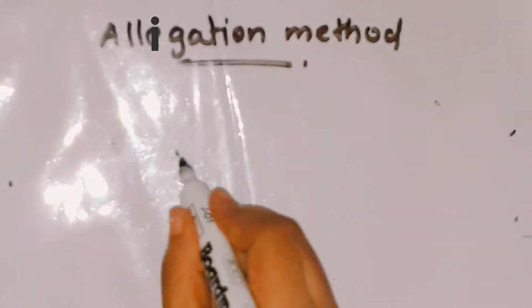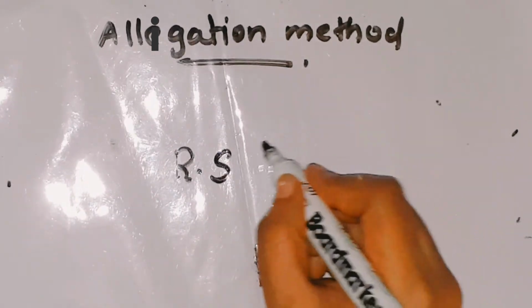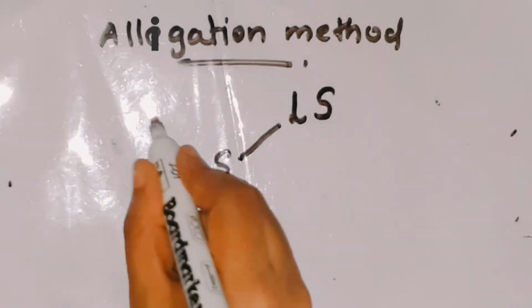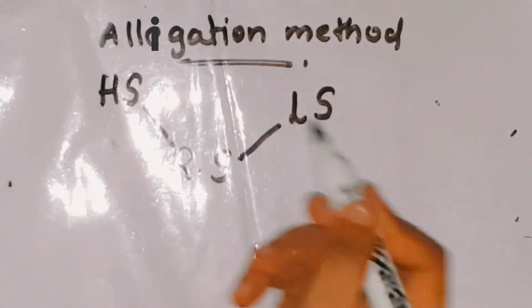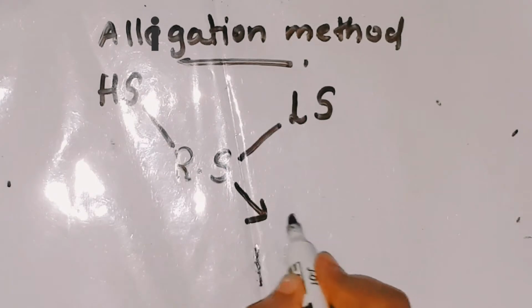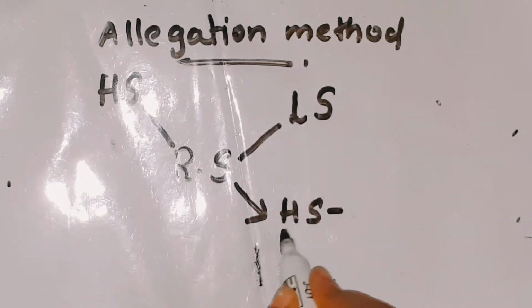For the purpose of calculation, we'll write it as a special formula. RS is the required strength, LS is the lower strength, and HS is the higher strength. And in the lower part, it is higher strength minus required strength.